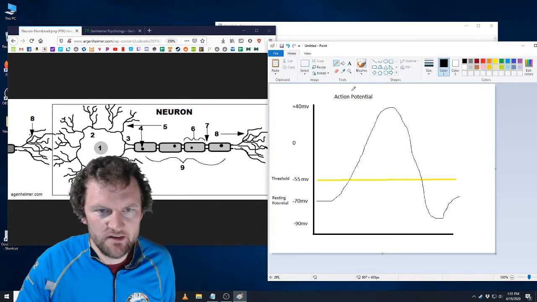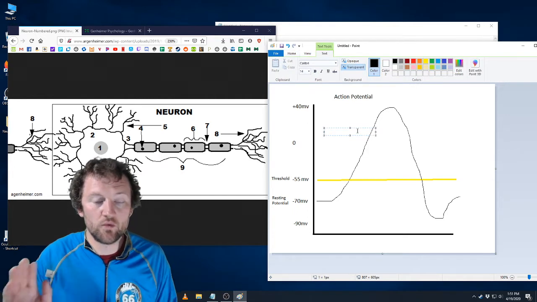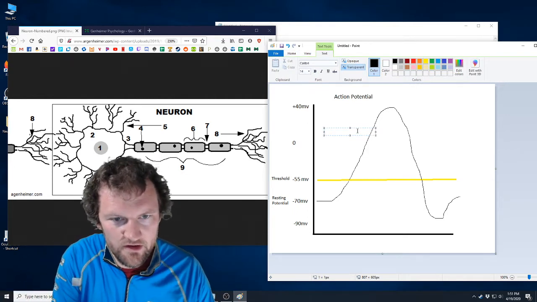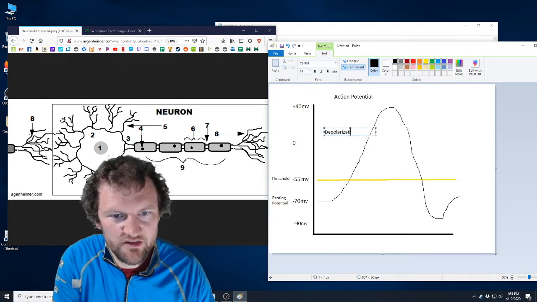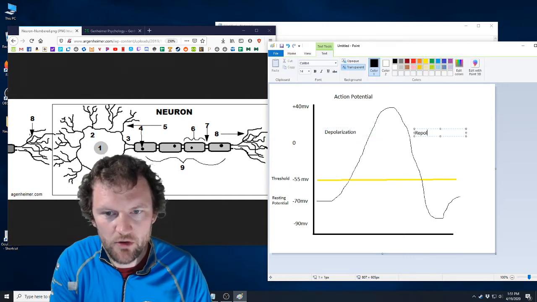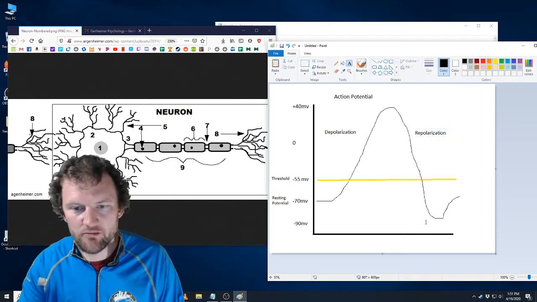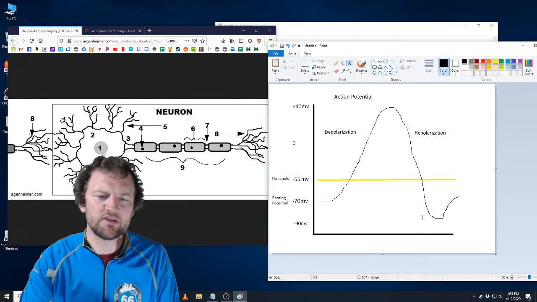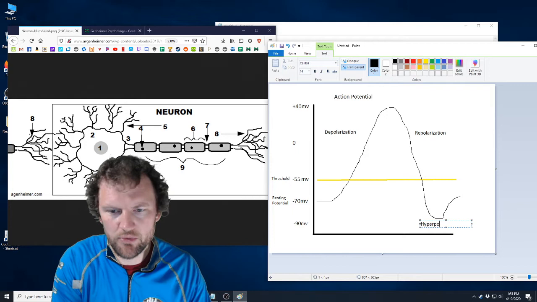It always goes up to exactly positive 40, never more, never less, and always goes to exactly negative 90, never more, never less. The process of it rising in voltage is called depolarization. The process of it going back down is called repolarization. And the process, once it is below the resting potential, is called hyperpolarization.